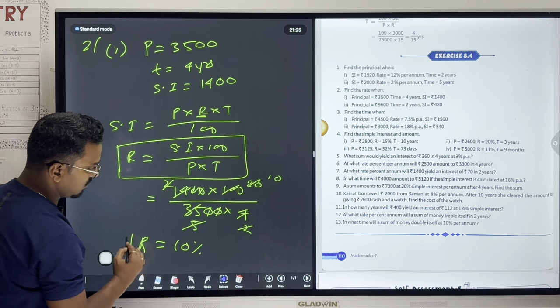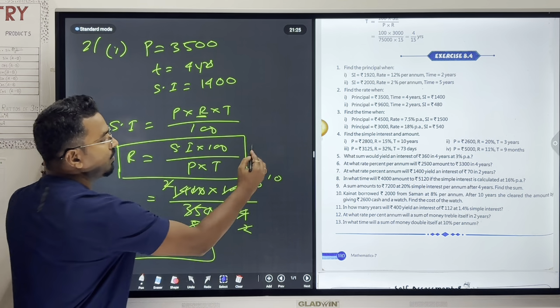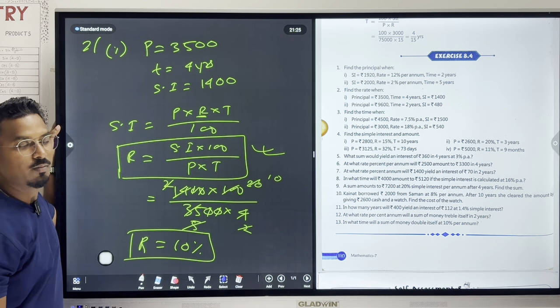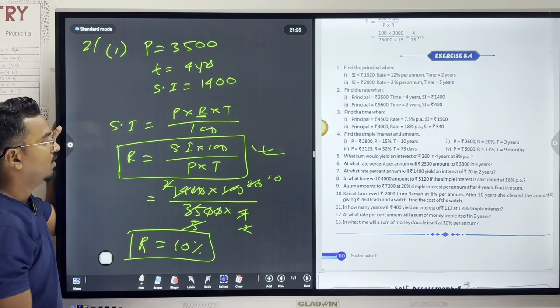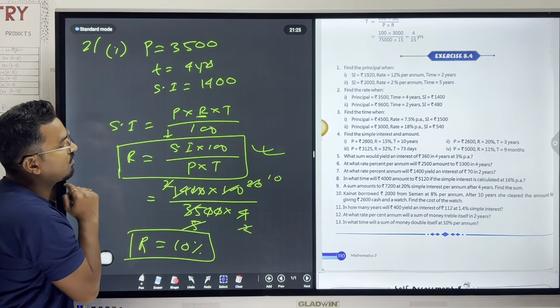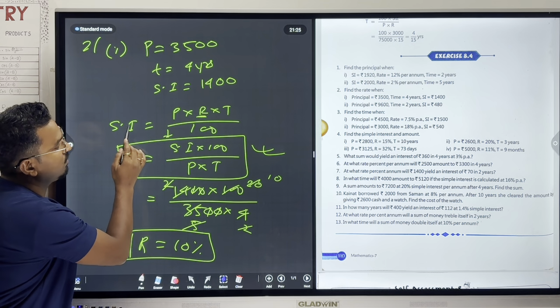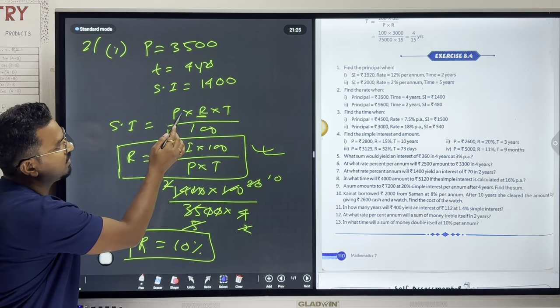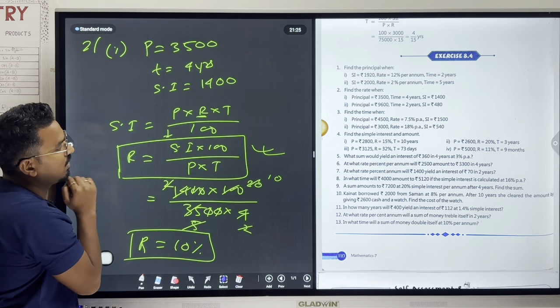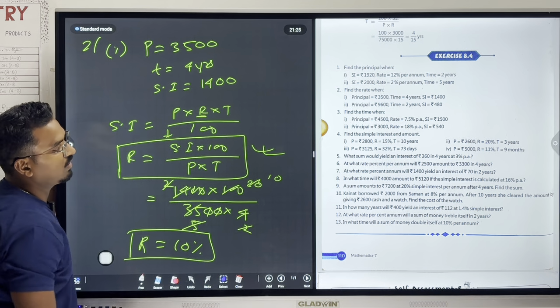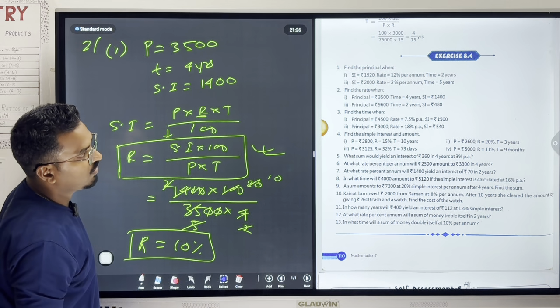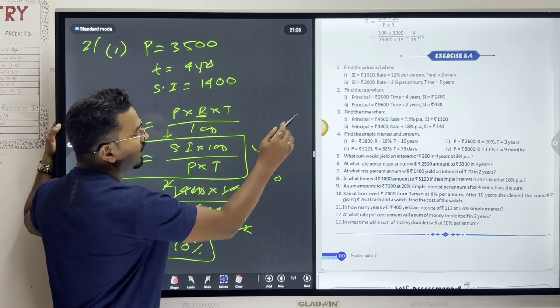The rate of interest is 10%. So to find the rate we will be applying this formula. Okay. This formula is also derived from the first one, because if you bring it to the other side it will be multiplied with simple interest, and principal and time will come to the denominator. So you will get the rate. Similarly, to find the time, next question.